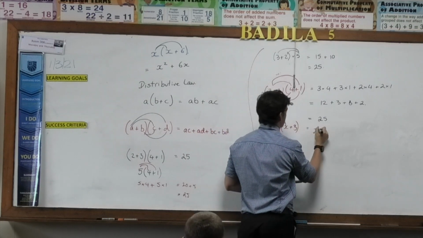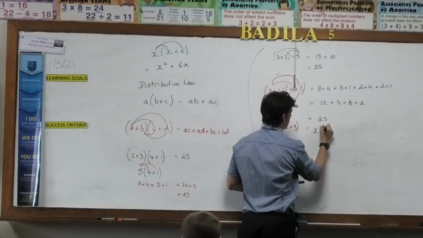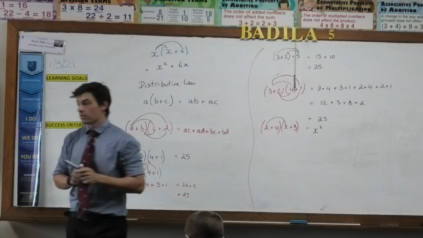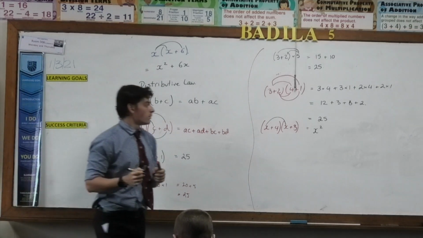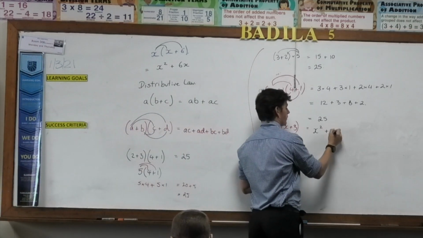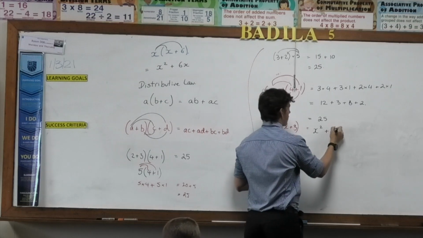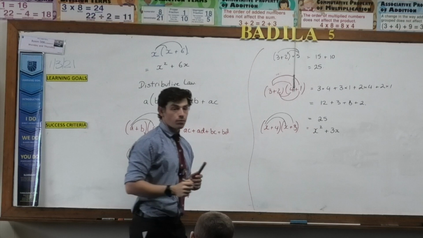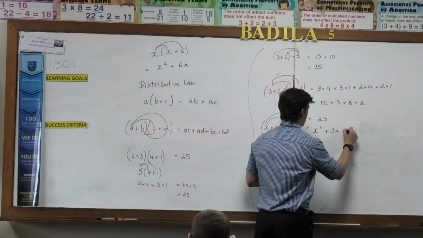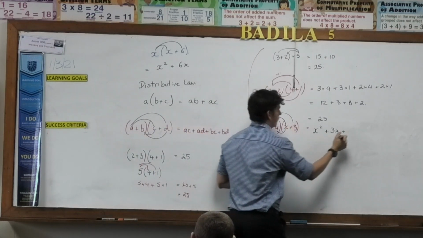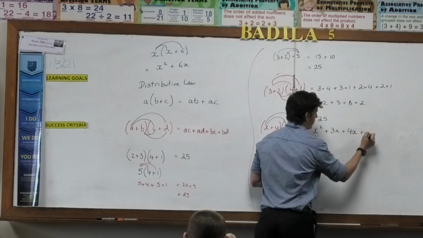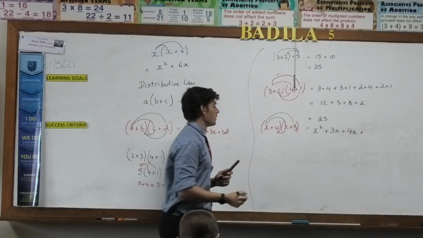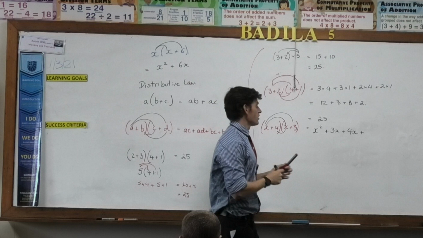So x times x, which is x squared, plus x times 3. Yep, so plus 3x, which is this one here, plus 4x, so that's that one there, plus 4 times 3.